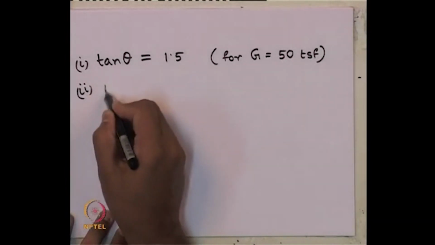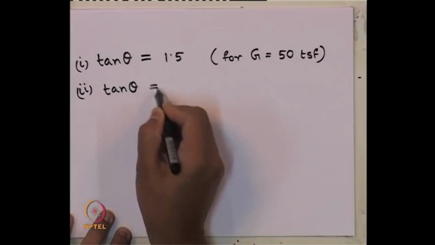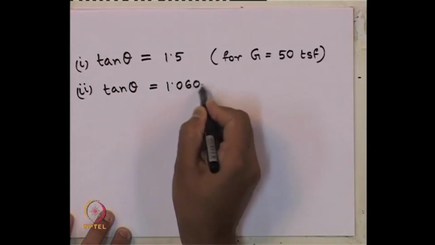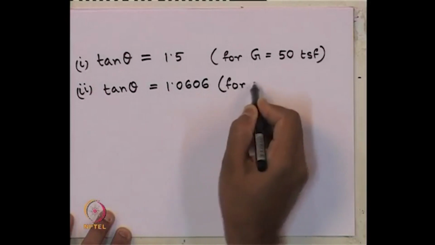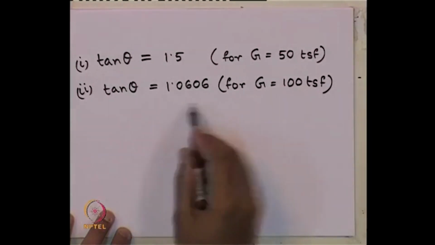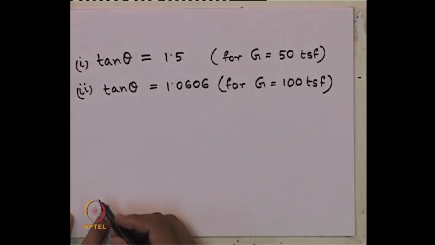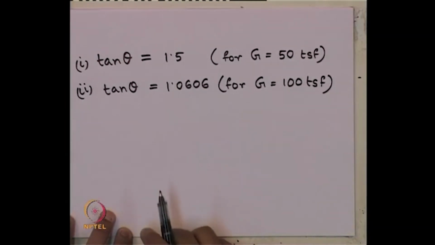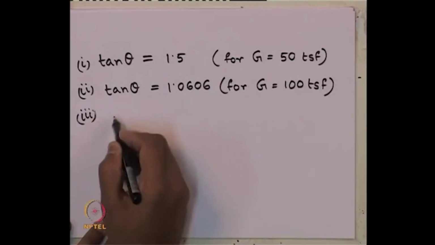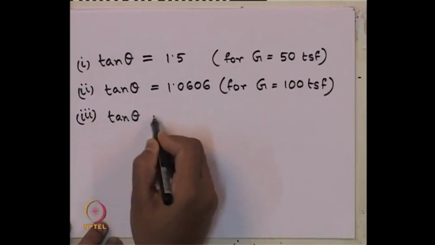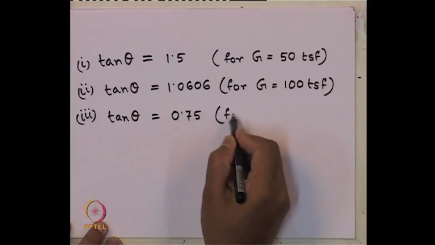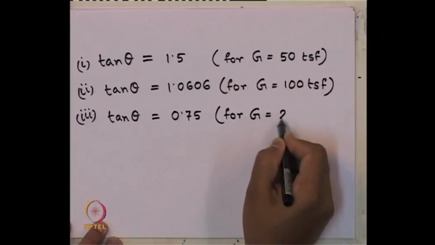The second type of soil, tan theta is coming out to be about 1.0606 for G equals 100 TSF. Please check if you are getting this value. And in the third type of soil, tan theta is coming out to be about 0.75 for G equals 200 TSF.